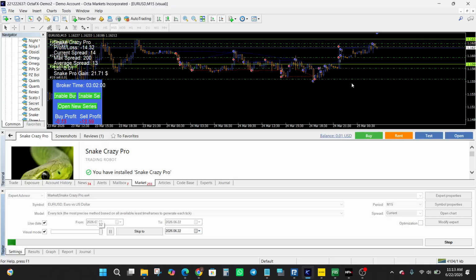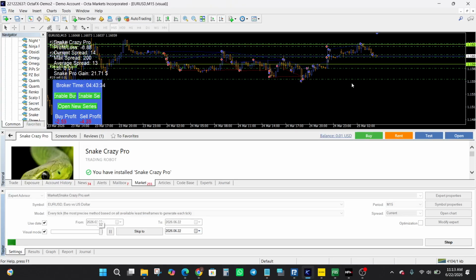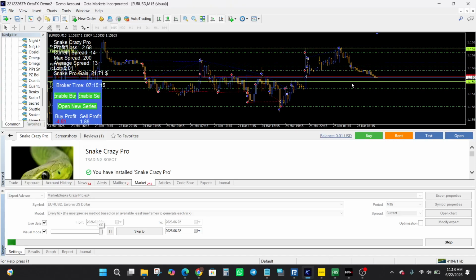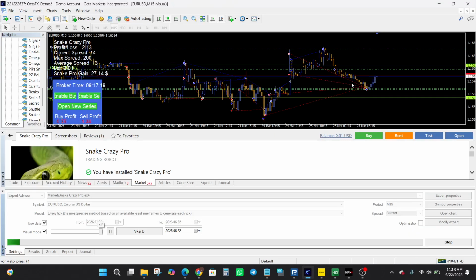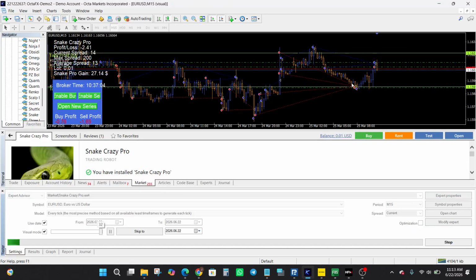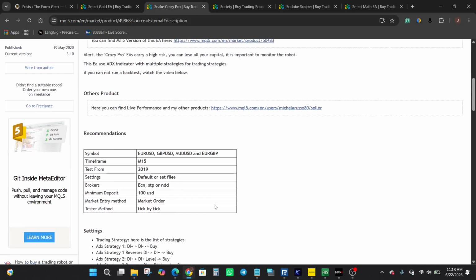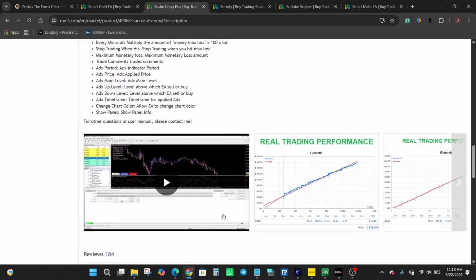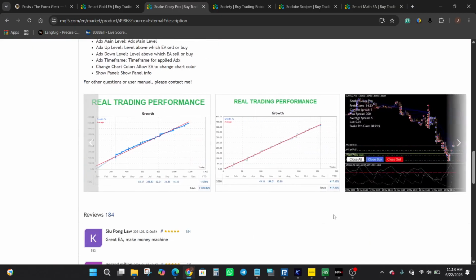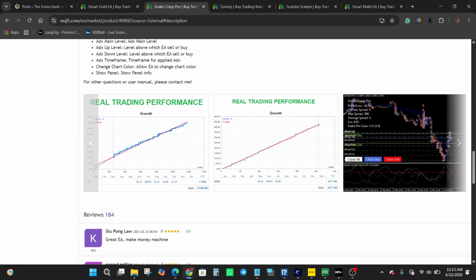One thing worth mentioning is that the developer recommends tick-by-tick testing and provides historical testing data. Even though the data provided on the marketplace page covered just a couple of months, right? As we saw here, it just covered a couple of months. Okay.